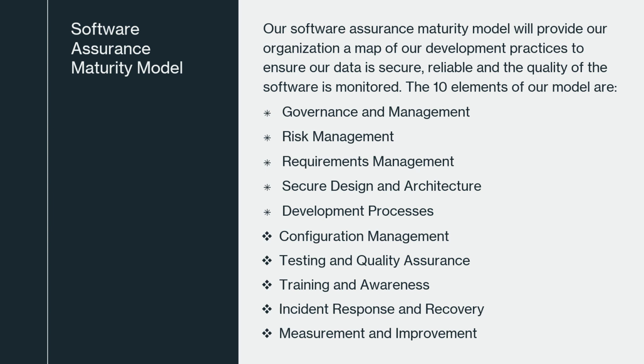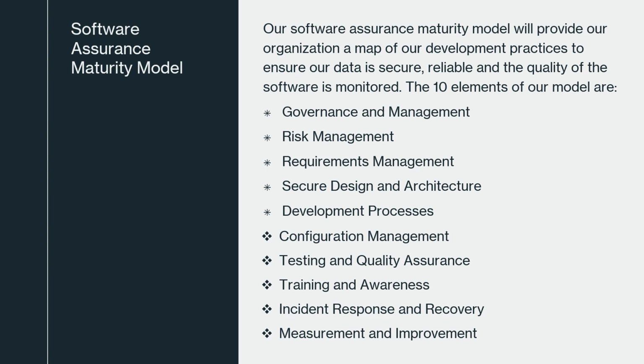And our last topic is the software assurance maturity model. Our software assurance maturity model will provide our organization with a map for development practices. This will help to ensure our data is secure, reliable, and the quality of the software is monitored.